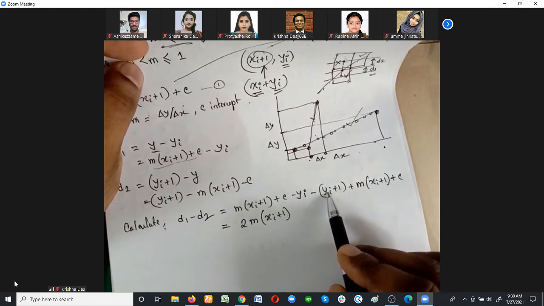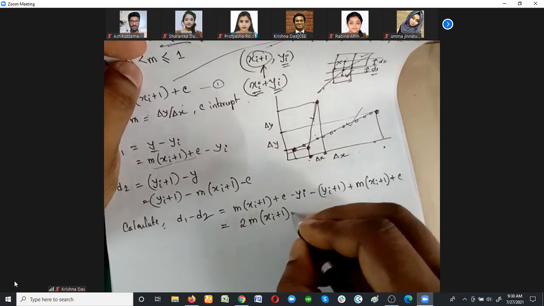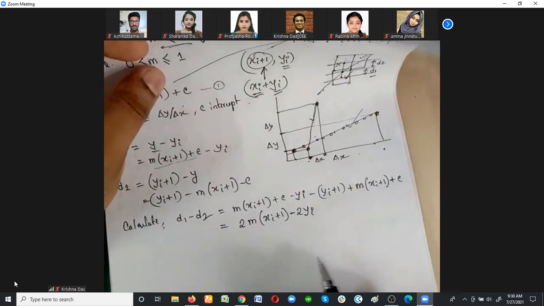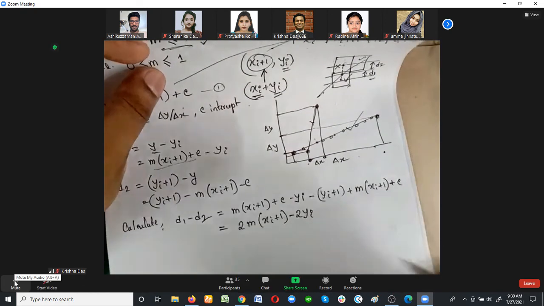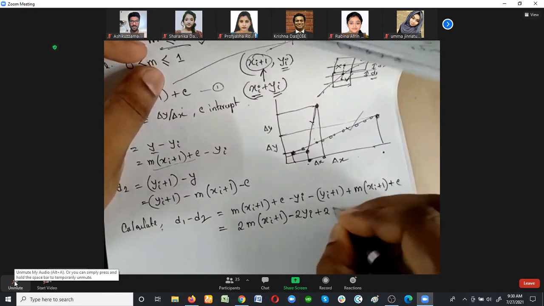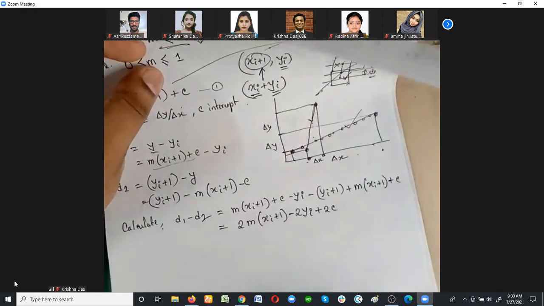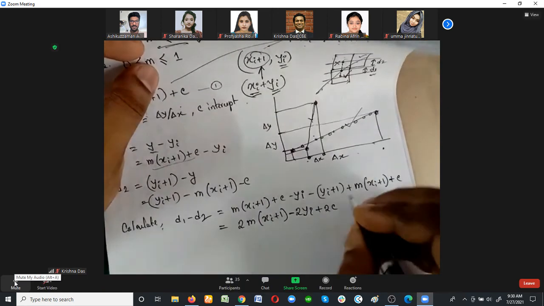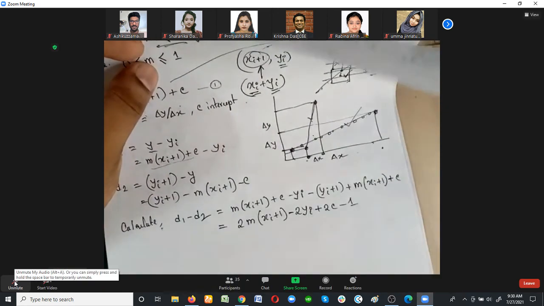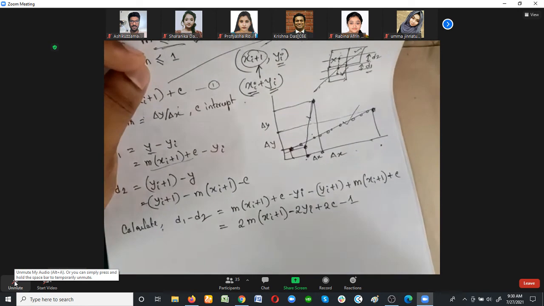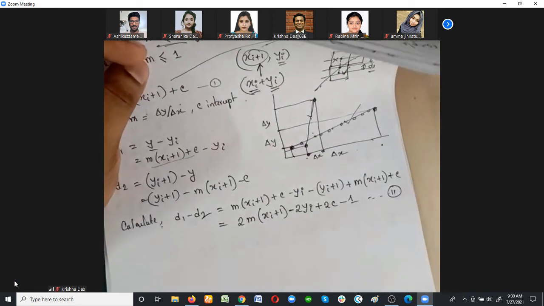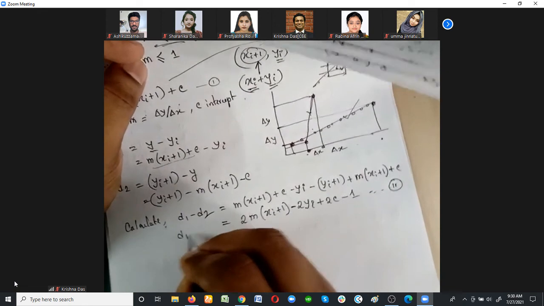So we also get minus 2yi. Also we get 2c, one c and another c, and for that one it should be minus 1, right? This is the equation that we get for d1 minus d2.